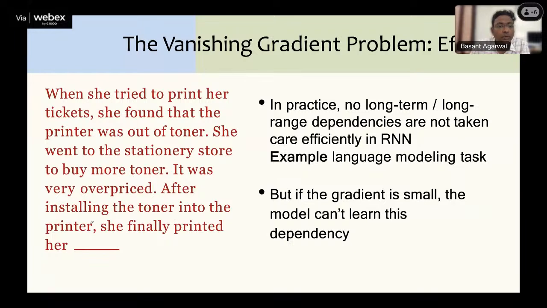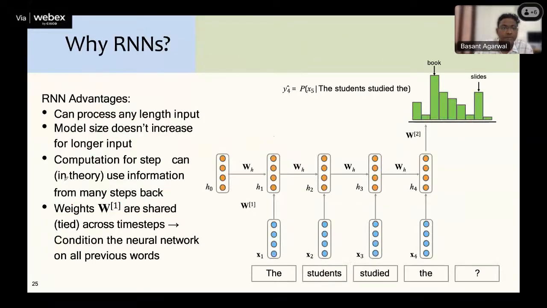After installing the toner into the printer, she finally printed her... Now, if we want to predict this word, we will not be able to take the context which is quite far from that particular timestamp, which is tickets. So this is a problem of the recurrent neural network, which is because of the vanishing gradient problem, in which when we go back into the network, the weights basically stop updating because they become very small, and learning stops for the initial or early layers, early timestamps.